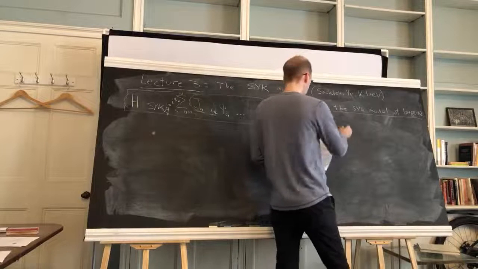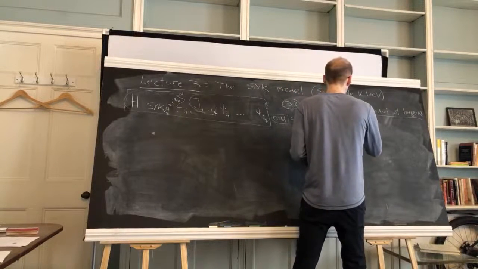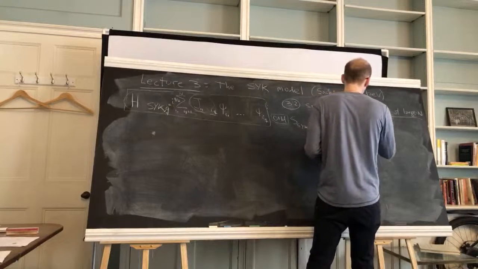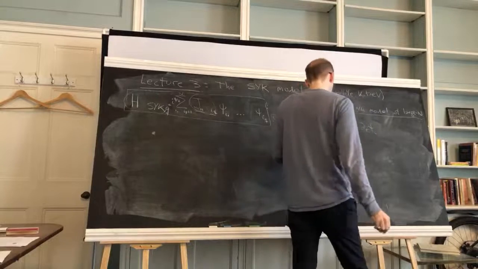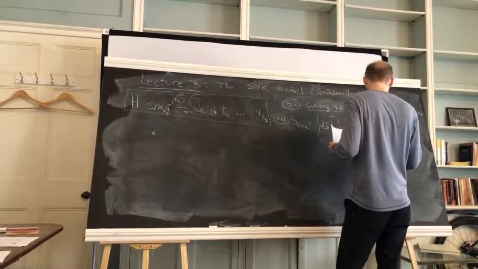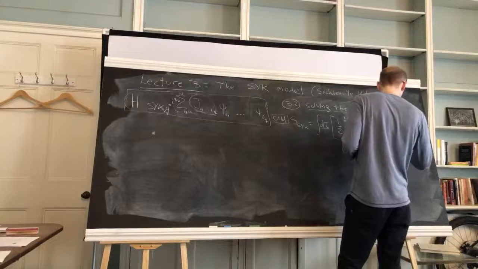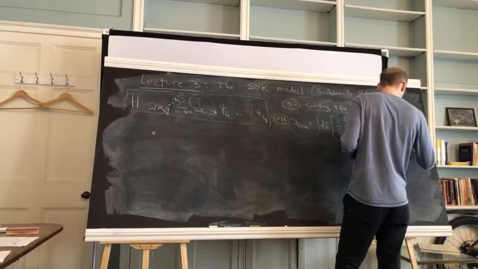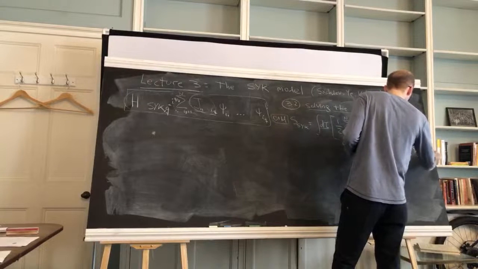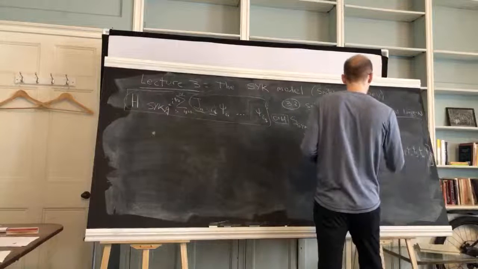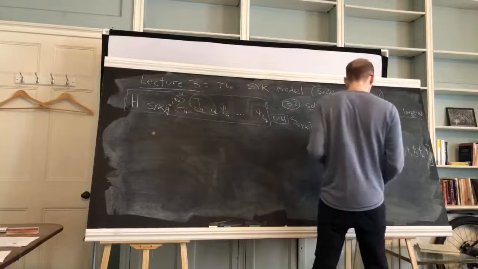The action will be given by some kinetic term for these fermions, psi_I d_tau psi_I, and then our SYK Hamiltonian will appear here, J_IJKL psi_I psi_J psi_K psi_L, and this sum is over all IJKL.